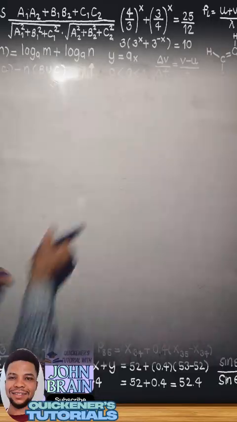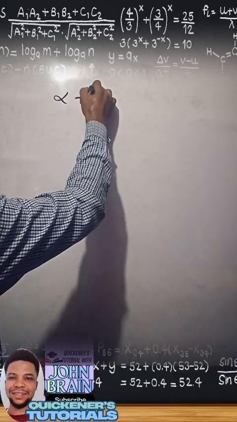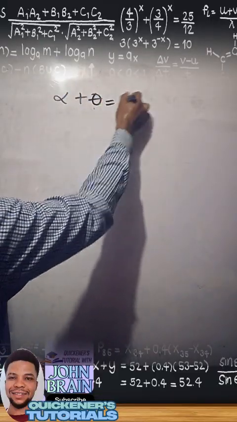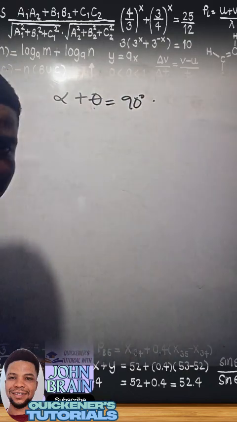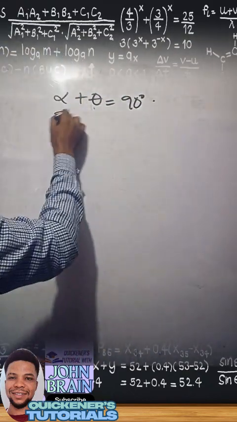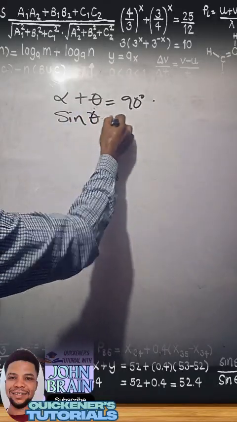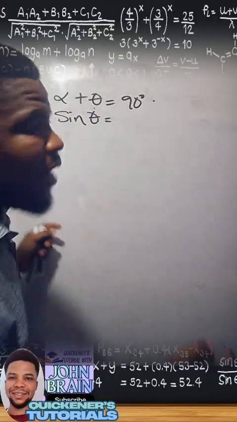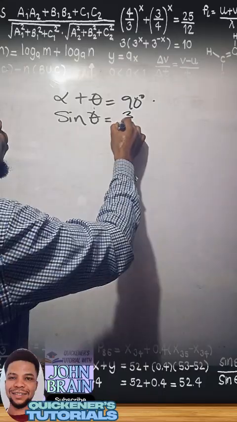So for instance, we said alpha plus theta is equal to 90 degrees. Now let's assume sine theta is equal to 3 over 5.